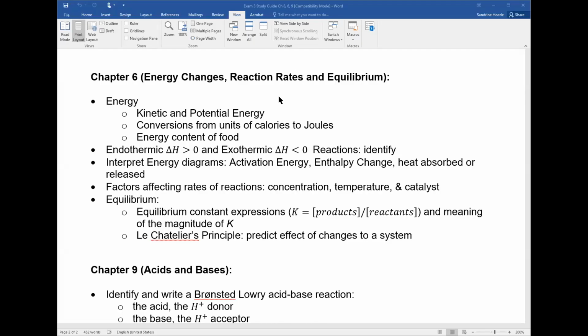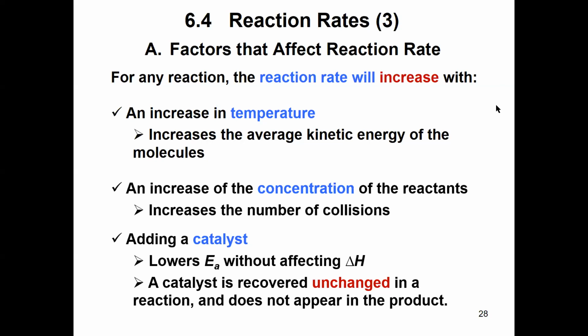So next, you need to be aware of the factors affecting the rates of reactions, which are the concentration, the temperature, and the use of a catalyst. So let's look at how these affect the rate of reaction. For any reaction, the rate of reaction will increase with an increase in temperature. Why?